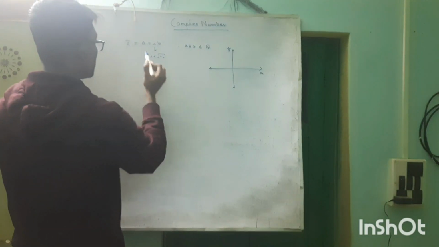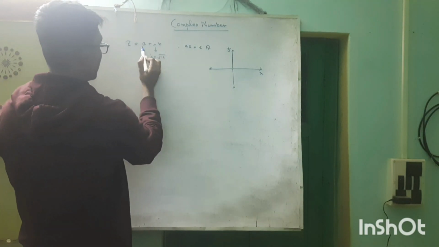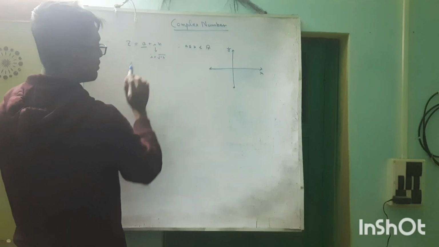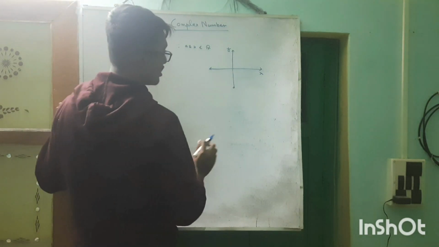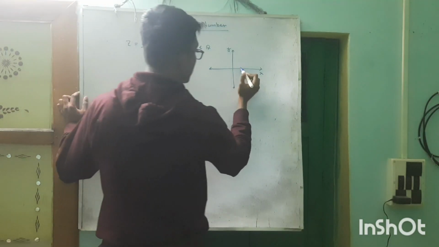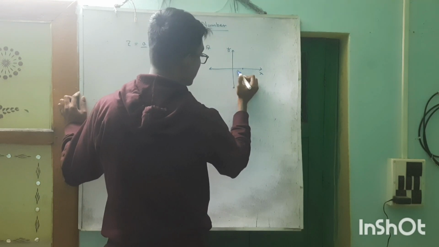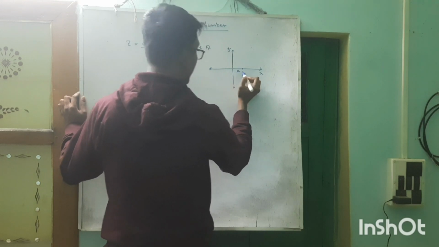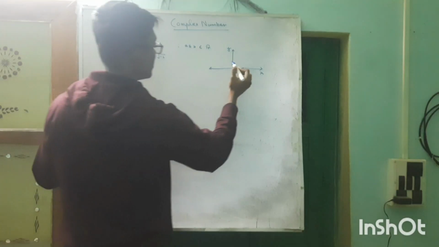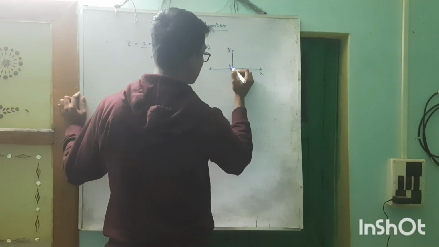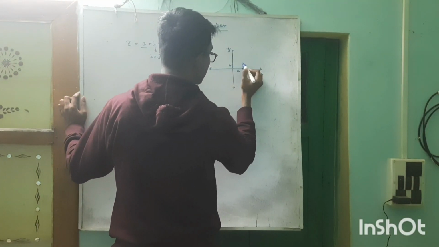So if a complex number is a plus ib, a is the real part of this complex number. That means it comes on the real line. So it is of length a and the other is of length b. So this is the point a comma b.